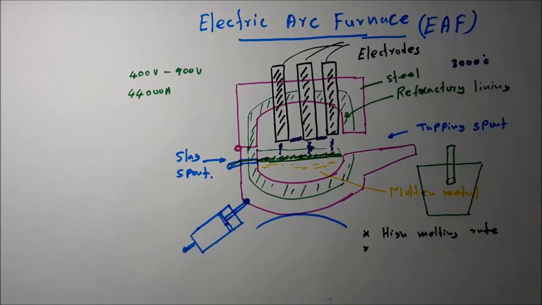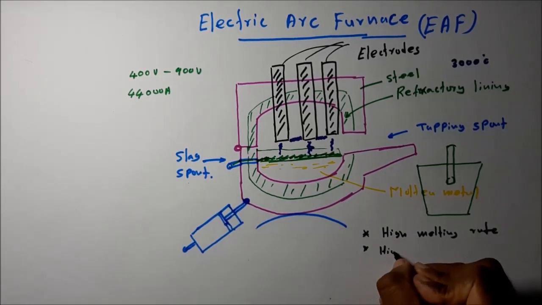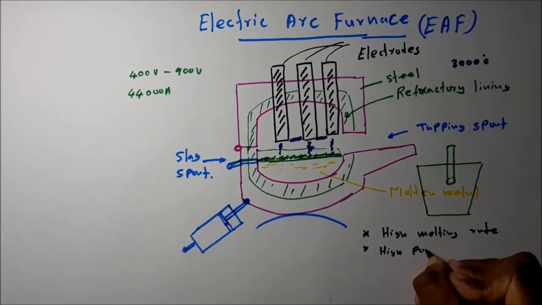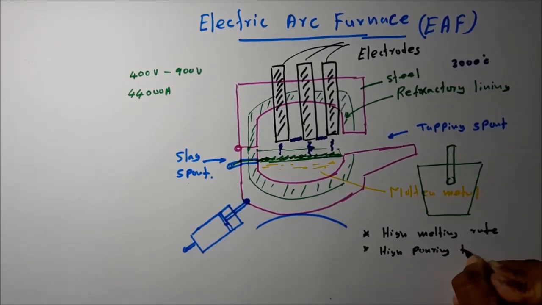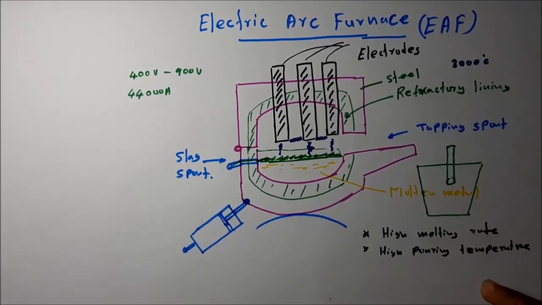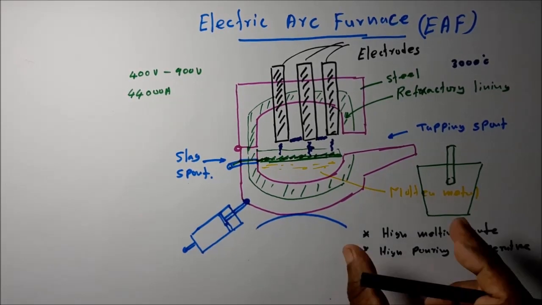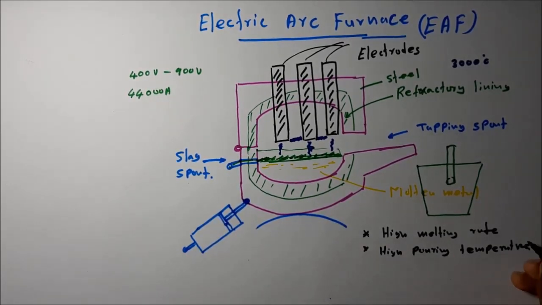And also the high pouring temperature. Using the electric arc furnace we can obtain a pouring temperature of around 1800 centigrade when melting steel.